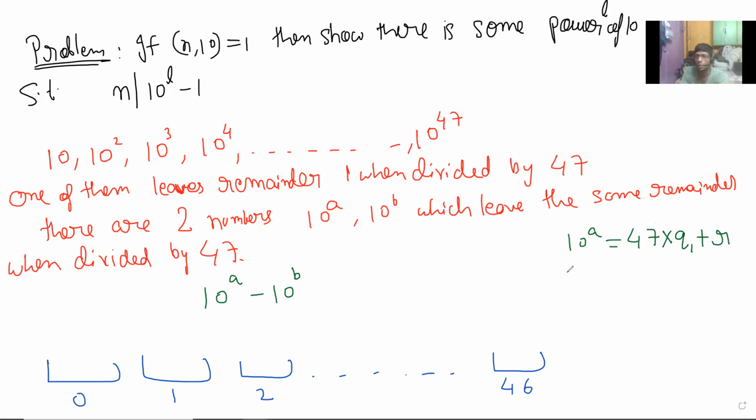You don't know which hole two things go into, but there are two things which go into the same hole. And then there is the other power, but that's the same remainder. So what can you say about the difference between these two numbers, in terms of divisibility, obviously?